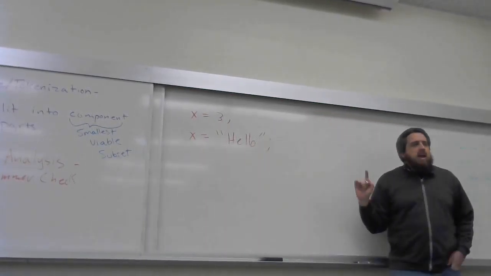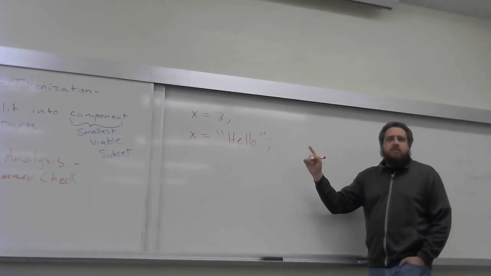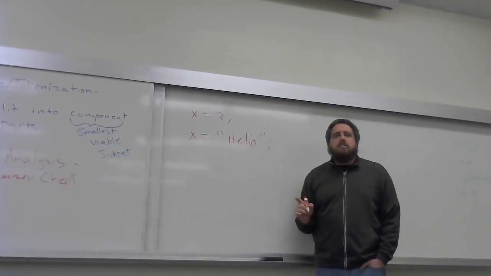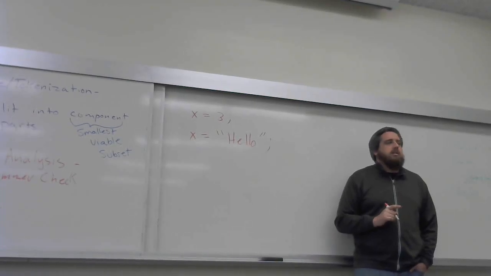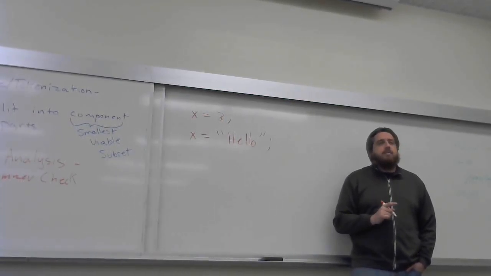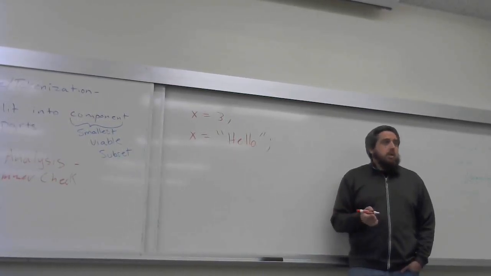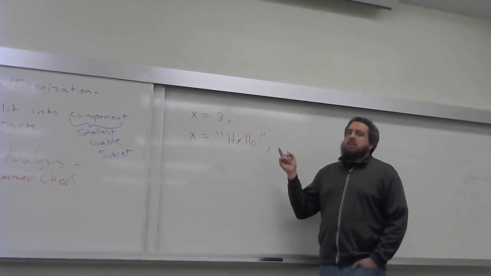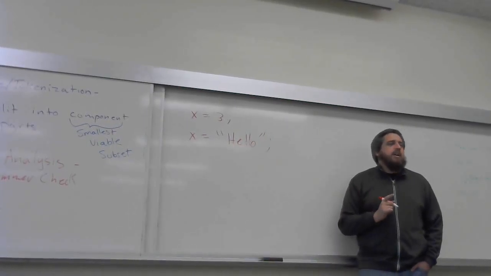If we don't know the type of x prior to starting this, which one of these is correct? We don't know the type. Do we know? It could be either.